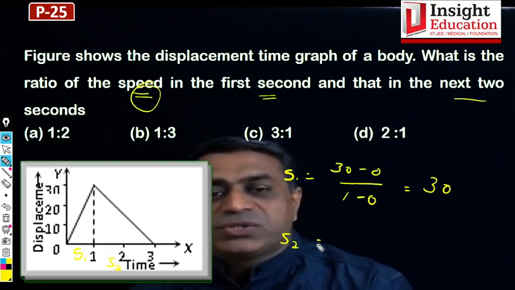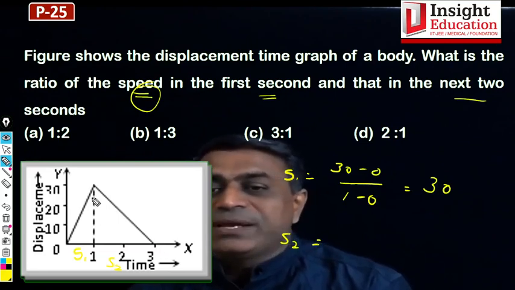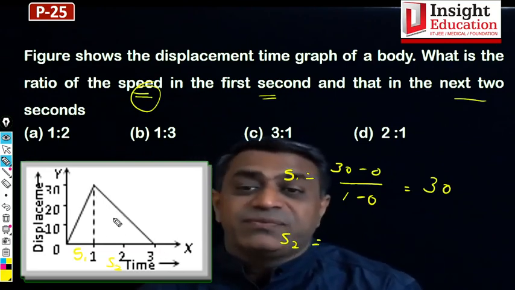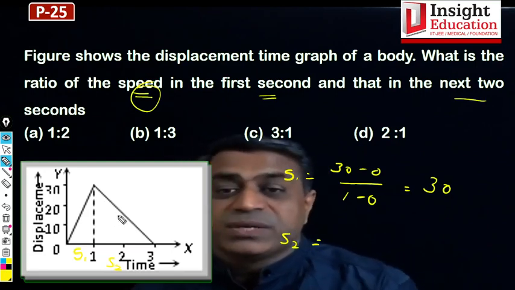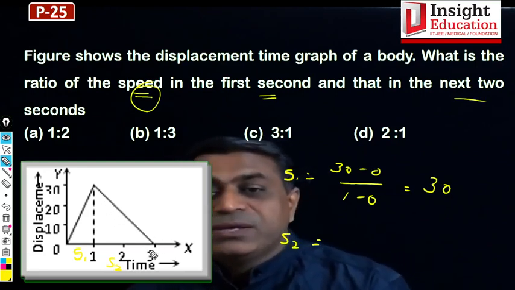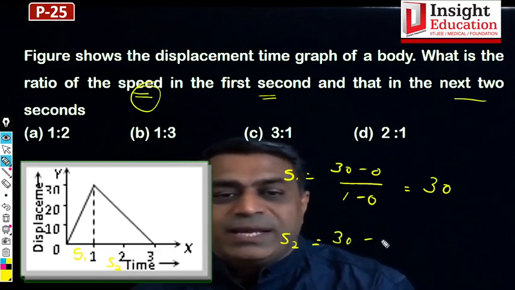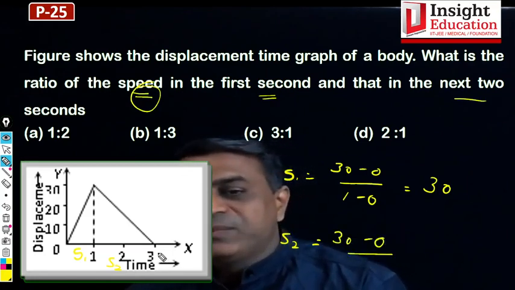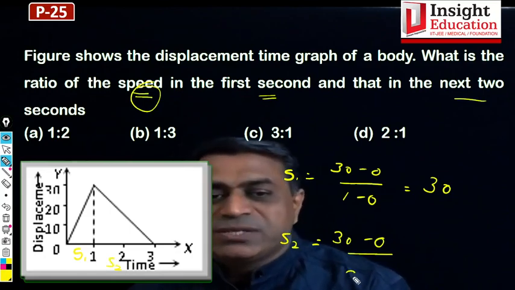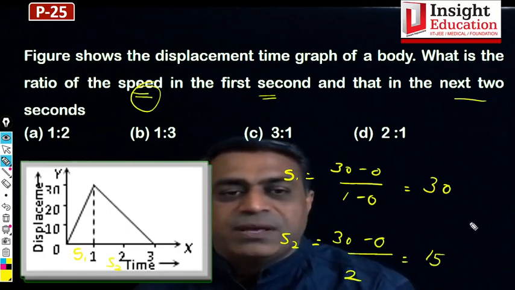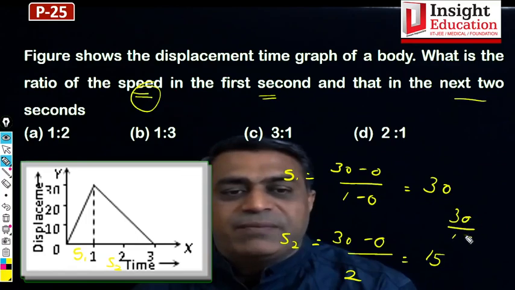For S2, again x2 minus x1, but here it makes no difference because speed is always positive. So 30 minus 0 divided by time 3 minus 1, which is 2, so 15. So 30 divided by 15.